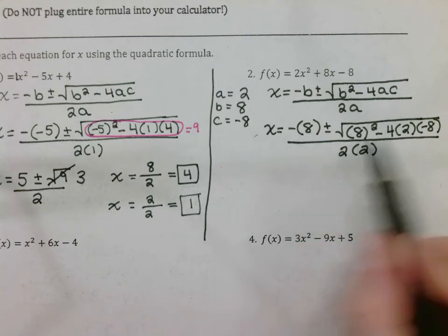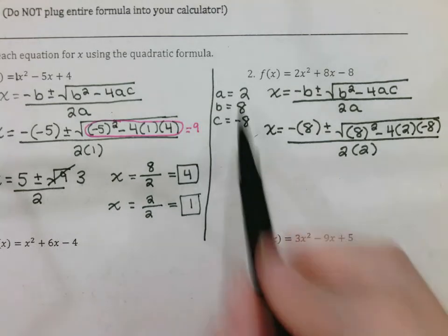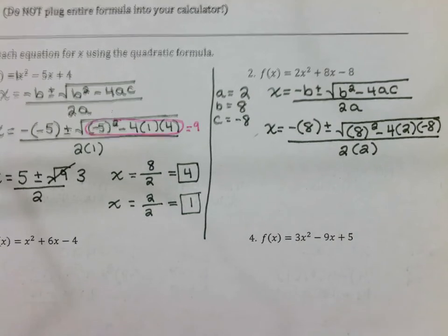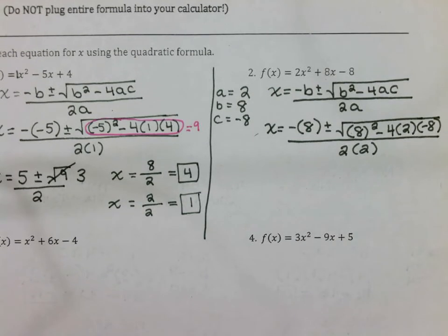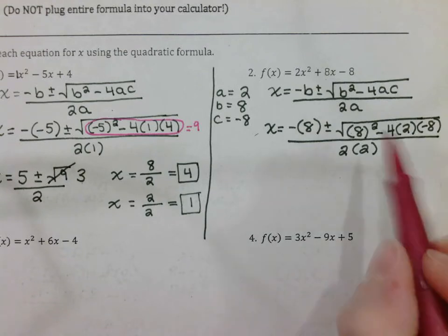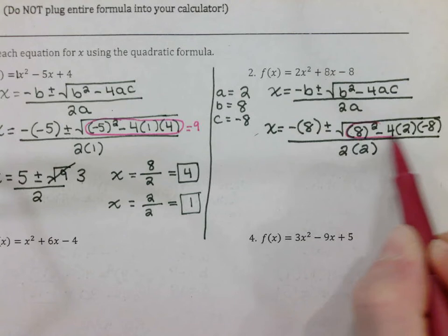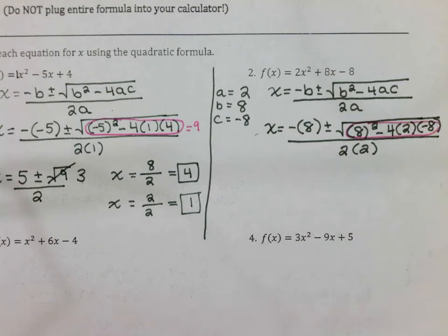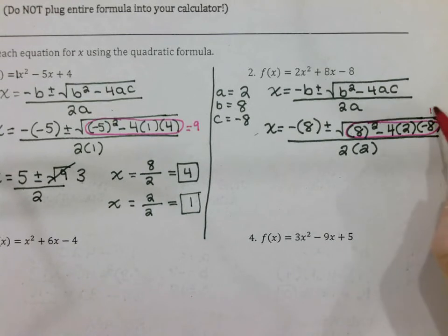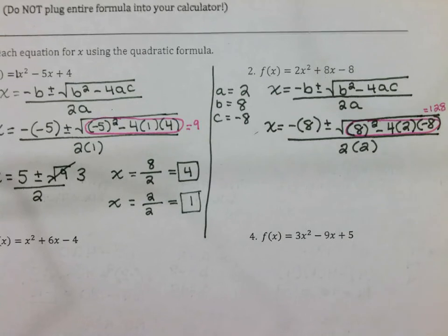So everything in parentheses, that's an a, b, or c that I'm pulling from over here. Okay, so right now it's looking a little crazy, but we're always going to start by simplifying the discriminant. We're going to simplify the stuff under the radical. And we can do that by just plugging it right into the calculator. So when you do plug this into the calculator, or if you do it by hand, you're going to get 128.